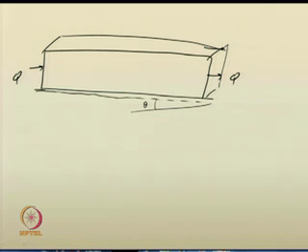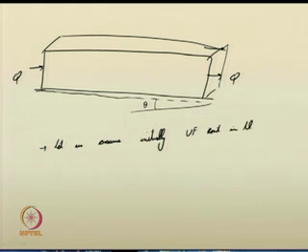Now, the reason to show this flume is that, for this particular discharge, let us assume that initially uniform flow exists in the flume.